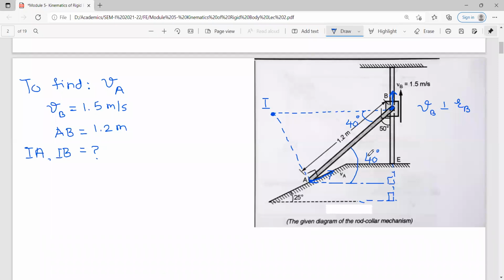Now out of this 40 degrees, the angle of the inclined plane is 25 degrees.